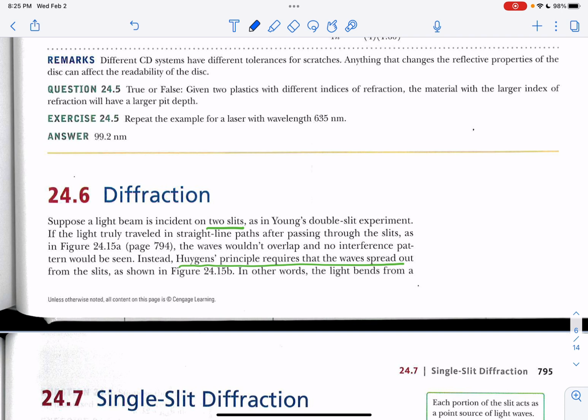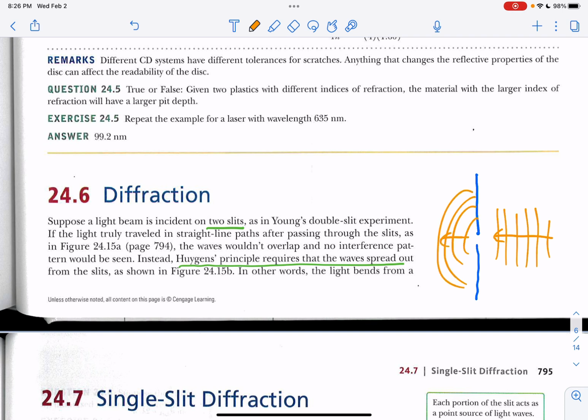You should remember that if I have a barrier like this that just has one slit, and I have some waves of light traveling in this direction towards the slit, and this would be true at the ocean, where they're striking a barrier that has a gap in it for ships to go in and out, at the other end it's going to bend as it goes through the opening. That's Huygens' principle. The waves will spread out.